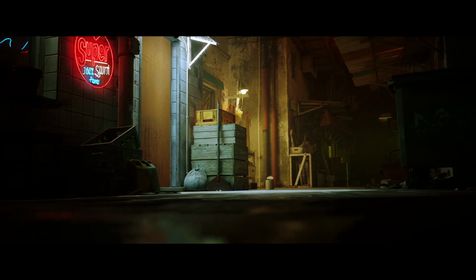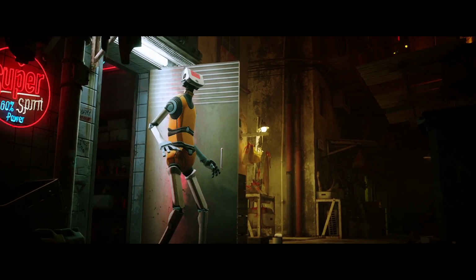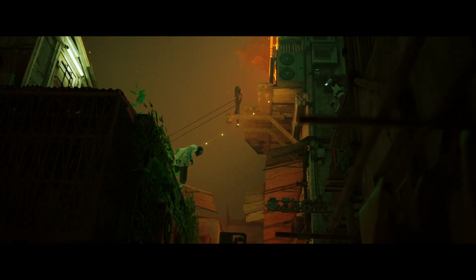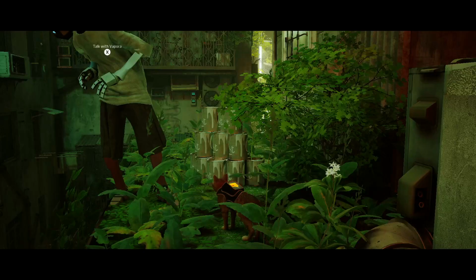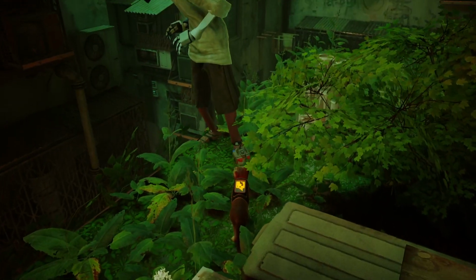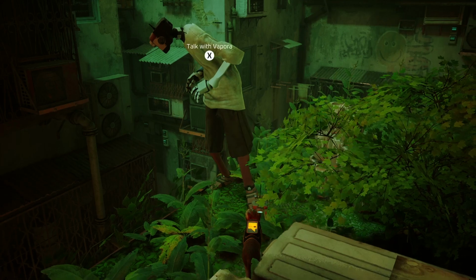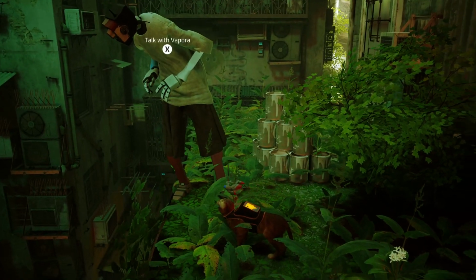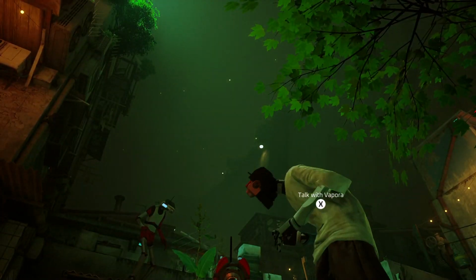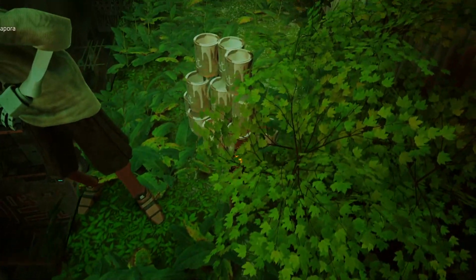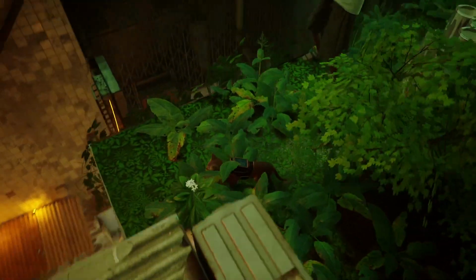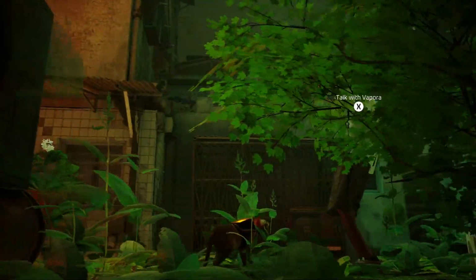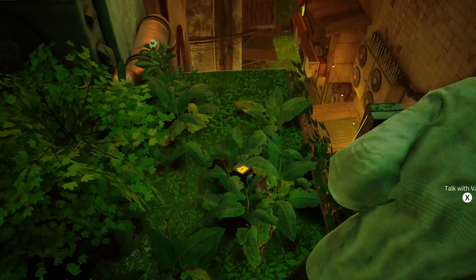Oops. Sorry. Oops, yeah. See, I was thinking that Vapora, or whatever his name is, would somehow throw you across that gap there, but I guess not.